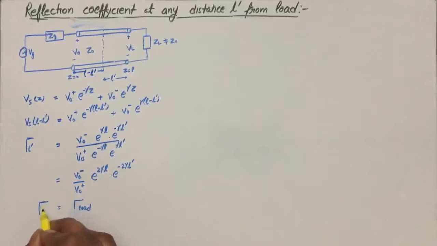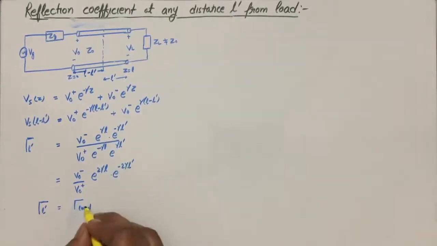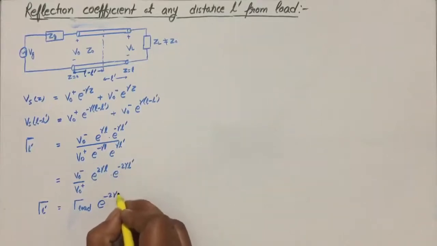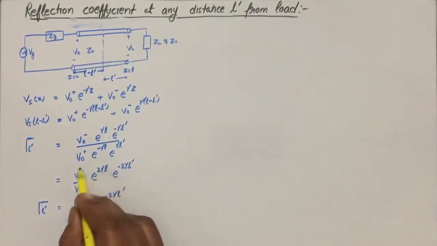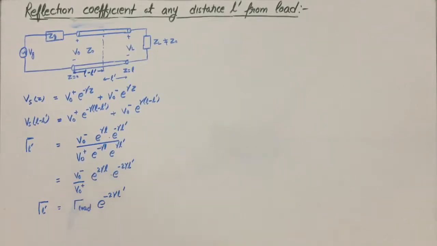So we can say the reflection coefficient at distance L dash can be written as the reflection coefficient at the load side multiplied with e to the power minus 2 gamma L dash, because this is known to us. And gamma can be written as alpha plus j beta, so e to the power minus 2 (alpha plus j beta) L dash.